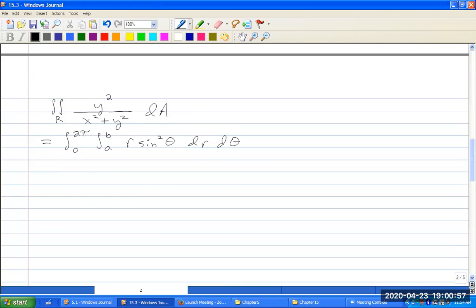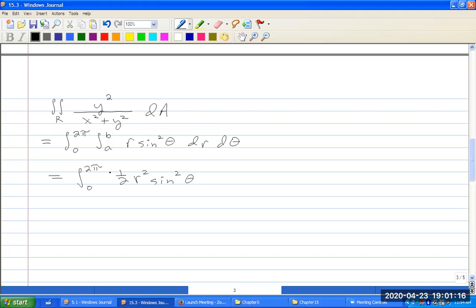So this is equal to, well, let's integrate with respect to r. So integral from 0 to 2 pi of 1/2 r squared sine squared theta between r equaling a and r equaling b.